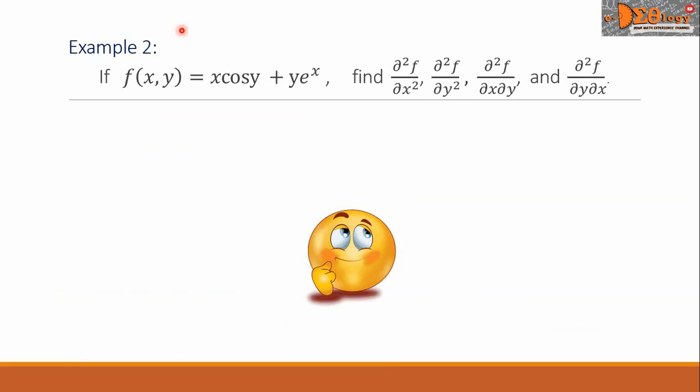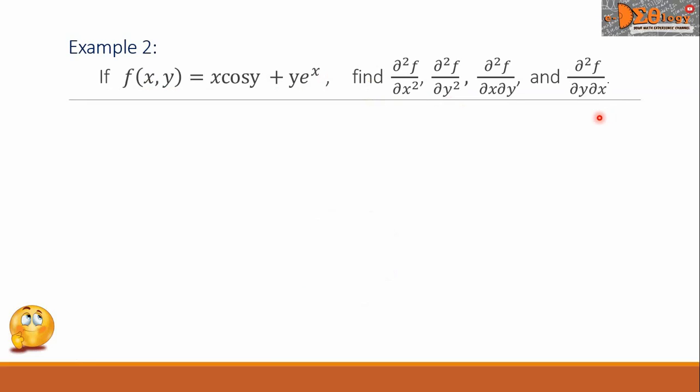Now example 2. If f of xy equals x cosine y plus y times e raised to x, find these 4 second partial derivatives. Let's begin with the second partial derivative with respect to x.